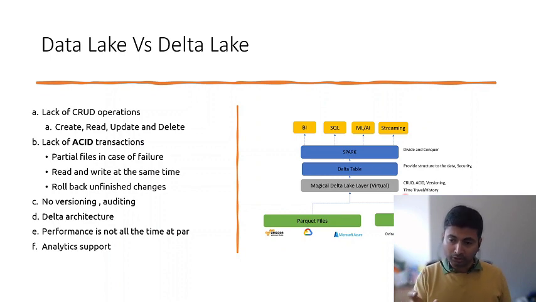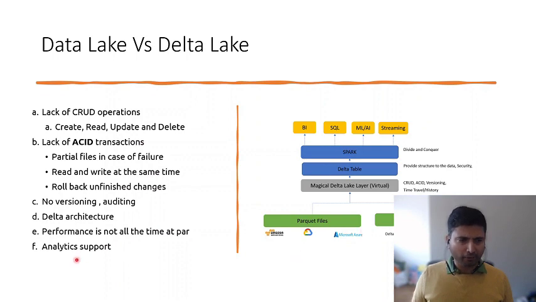Even in such cases, it can detect what was loaded and what was not loaded, which is really beautiful because for streaming, trust me, it is really hard to keep track of things. Versioning, auditing, Delta architecture, all is taken care of with the help of this magical data layer, supported by Parquet files and transactional logs.